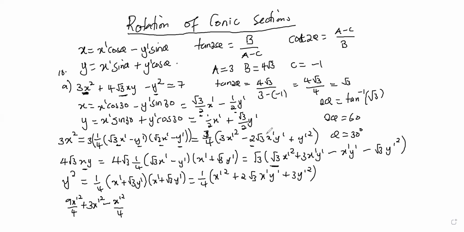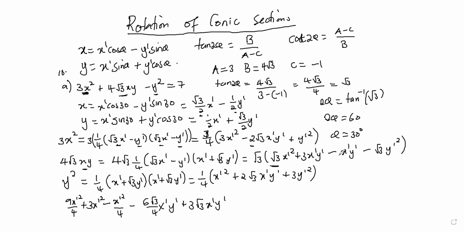Then we go to the products, the mid ones. So we have minus 3 by 2, that's 6 root 3 over 4 x prime y prime. And then from the mid one, we are getting plus 3 root 3 x prime y prime.